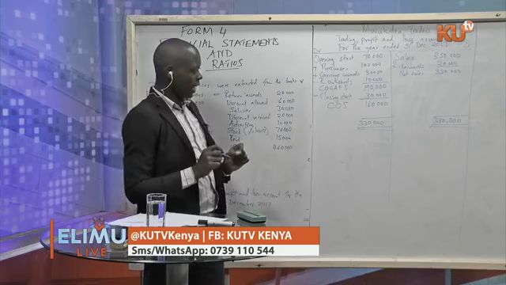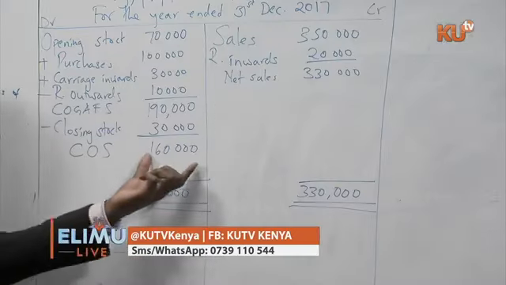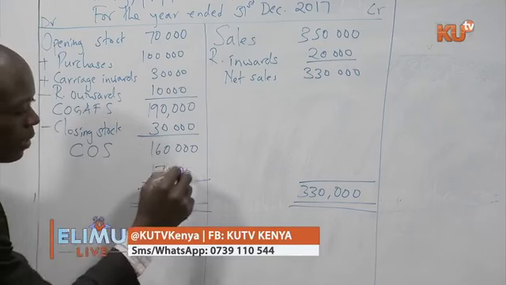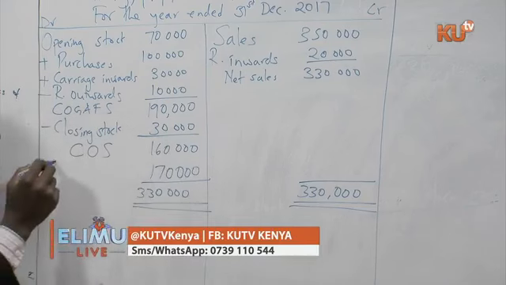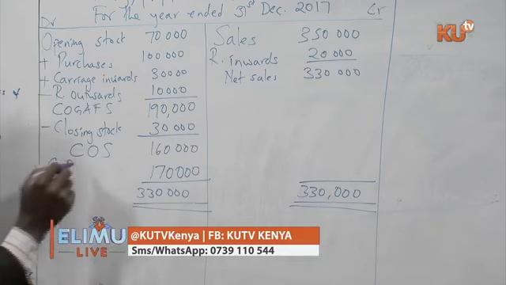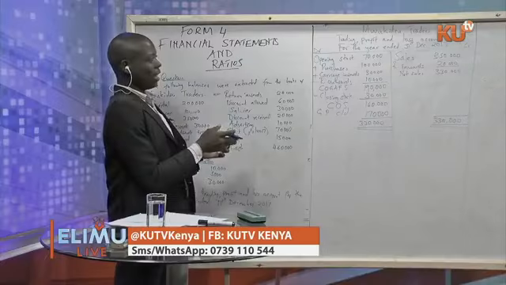So what is gross profit in this case? It is simply 330,000 minus 160,000 to get 170,000. So we write 170,000, and this becomes our gross profit. Because it's the balancing figure, we call it gross profit carried down.